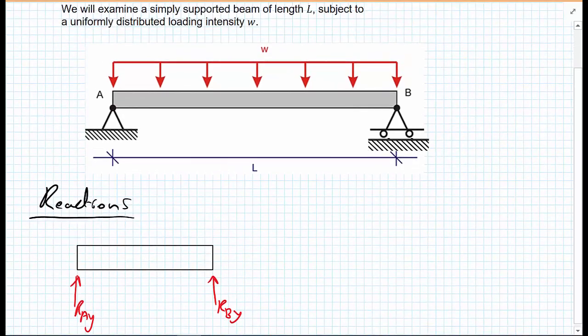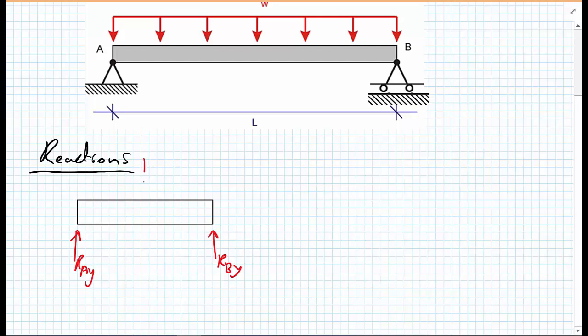What we could do is either use the UDL or create an equivalent force, and that equivalent force needs to act through its centroid. The equivalent force is W times L, and that would act at the centroid, which is L upon 2.